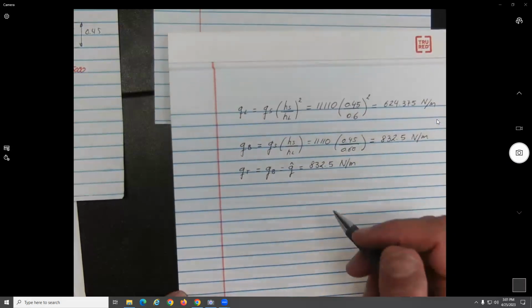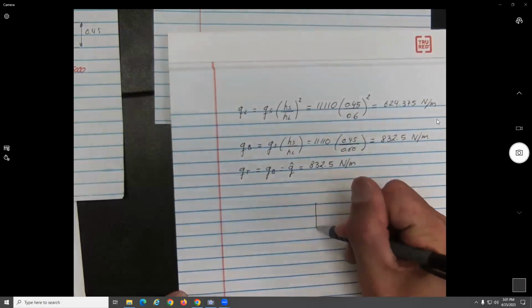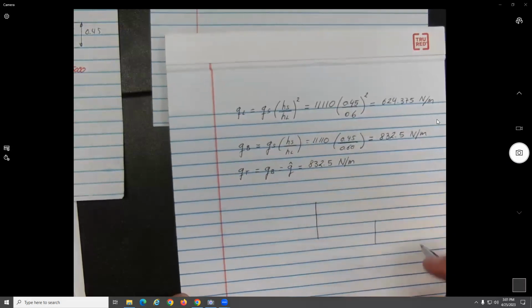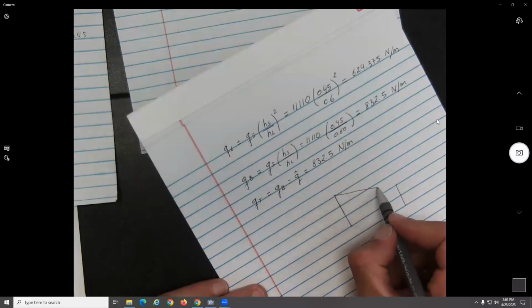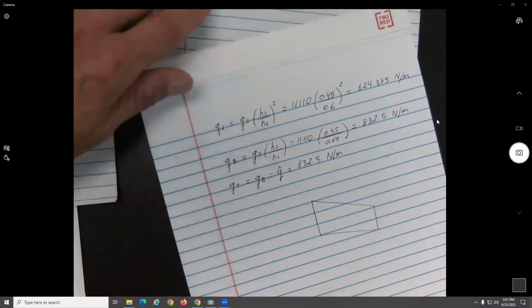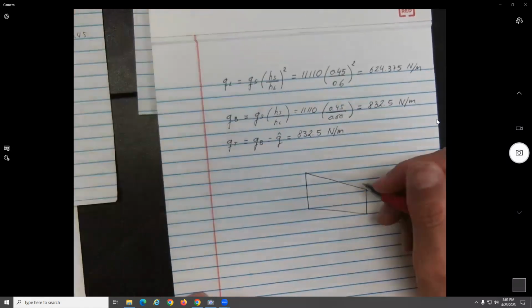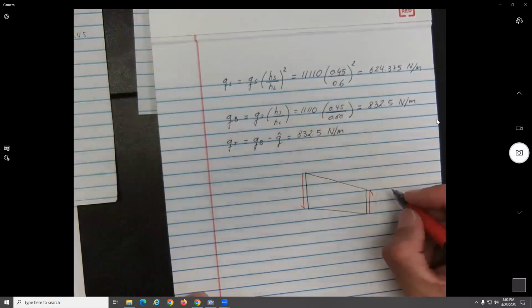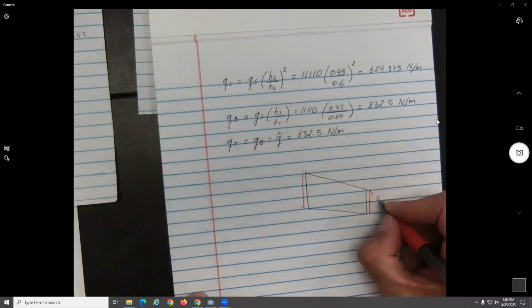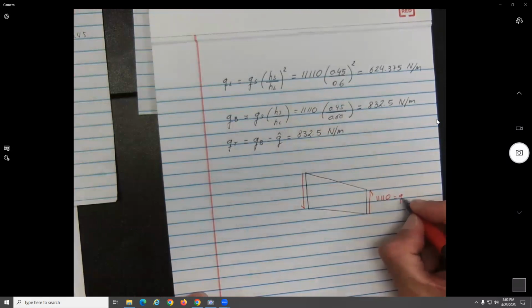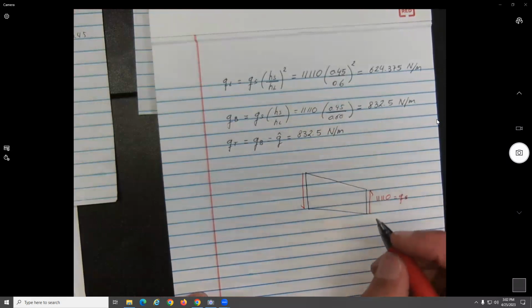So basically at the end, if we do the distribution, what we got is here. 11,110 for Q short.